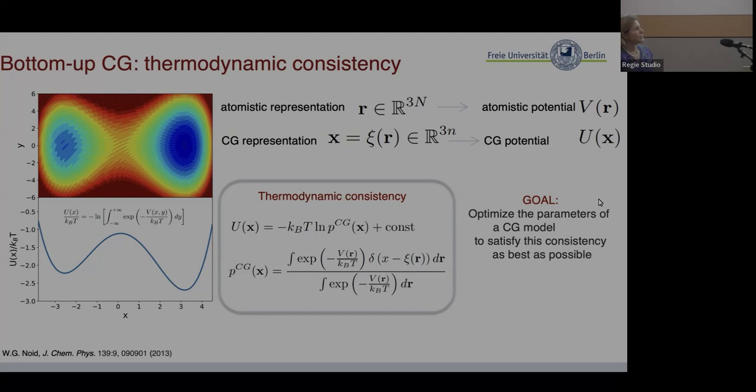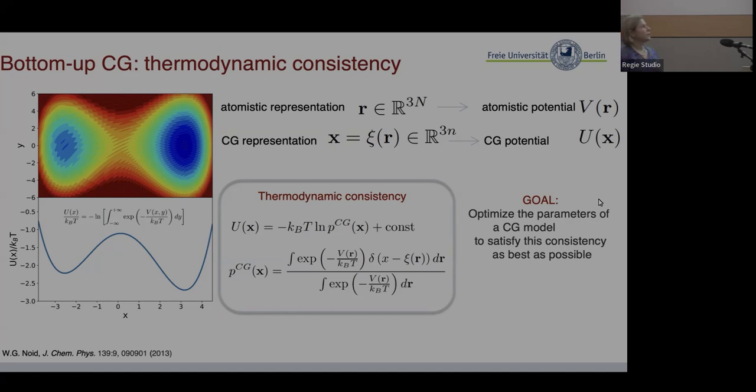And because we have a probability, we take the log, we have an energy. So with this, assuming we are in the Boltzmann statistics, these equations need to hold to have thermodynamic consistency. If we define a coarse grain potential according to this equation, the thermodynamics is the same. So we can use the coarse grain potential, and obtain the same thermodynamics as in the atomistic potential, much faster.